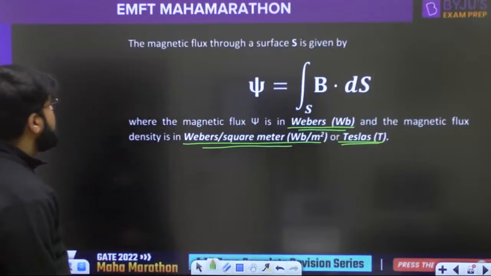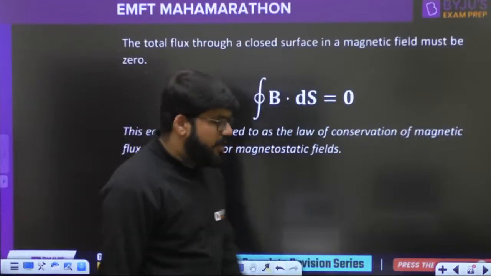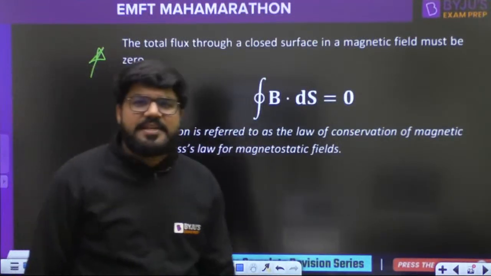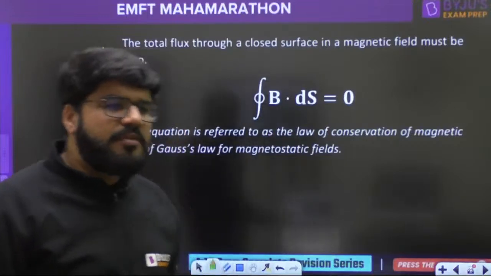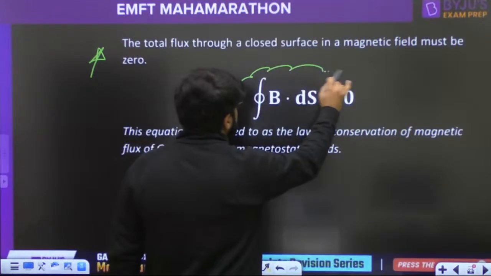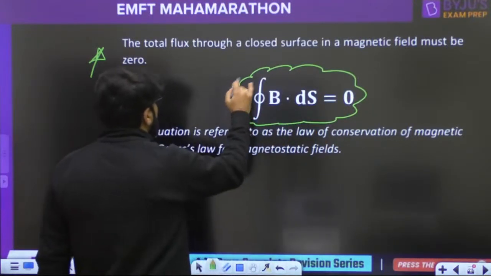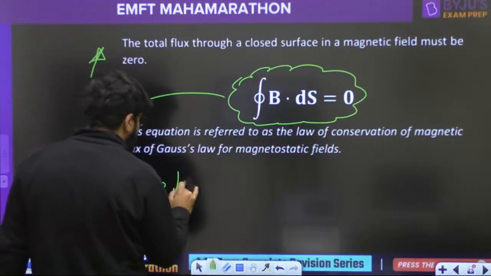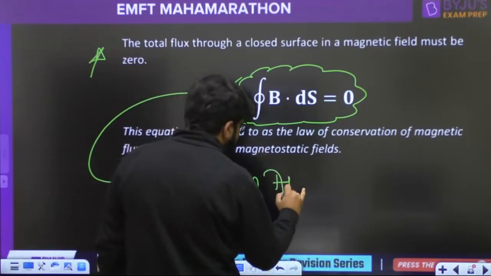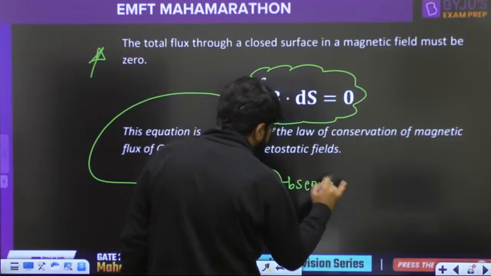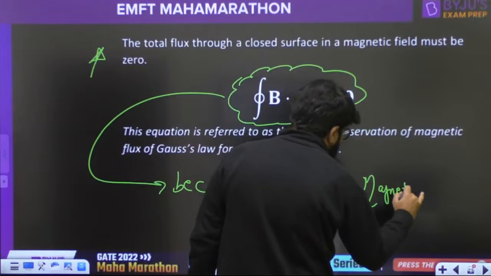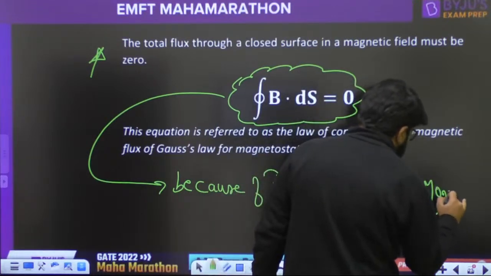Chalo. Now, the one more Maxwell equation, the final Maxwell equation for static fields, states that the total flux through any closed surface in a magnetic field must be zero. Why? This is because of the absence of magnetic monopoles.